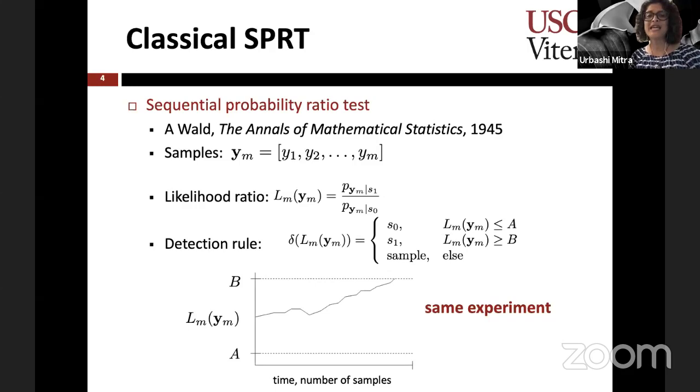And so in SPRTs, what you do is you collect observations until you're confident. So this likelihood ratio function is accumulated over a series of observations, and you can see a physical depiction of this here. And if the value of this is in between two thresholds, then you decide that you're not confident yet, and you take another observation.